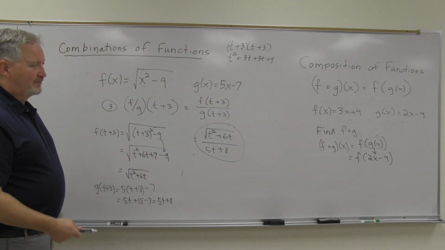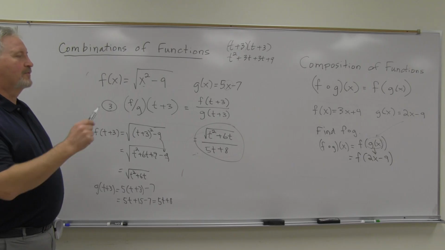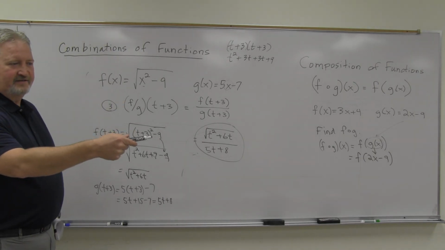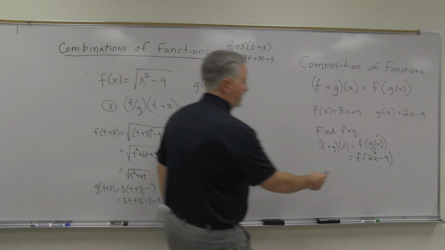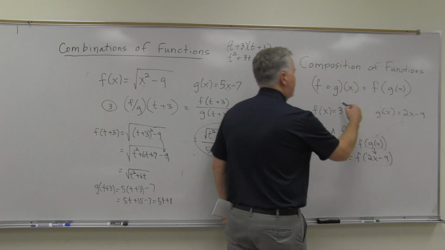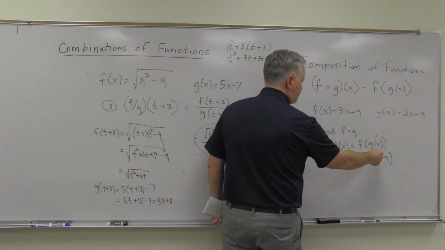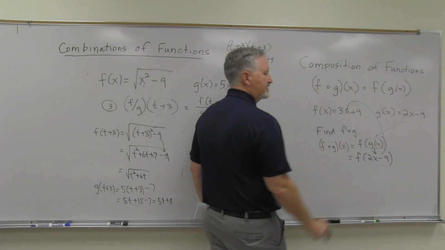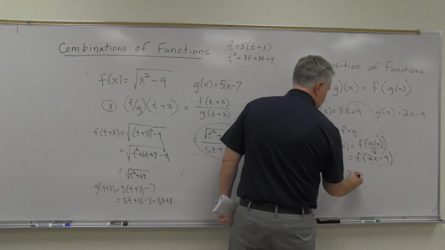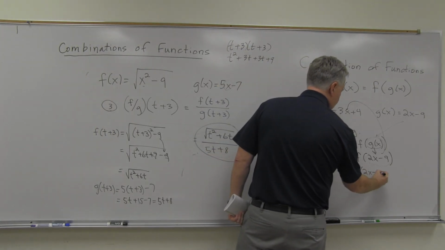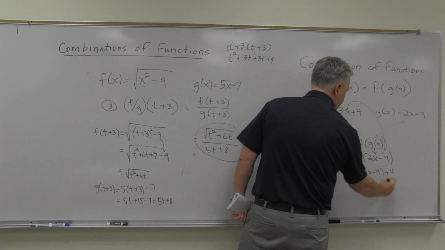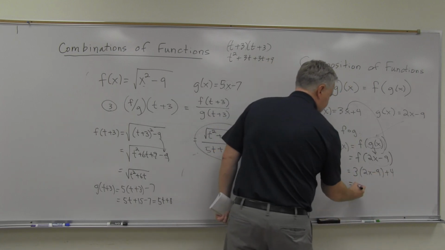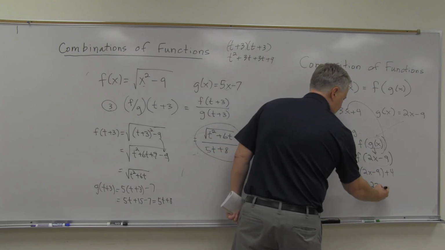Now then a little more work comes in, because now we want to do f of that, which means take the 2x minus 9 and plug that into the f function for x. So we've got 3 times 2x minus 9 plus 4. That's 6x minus 27, right?